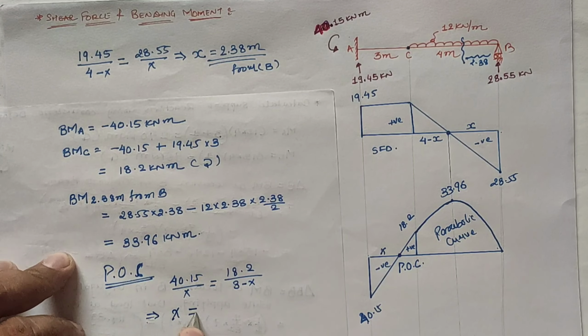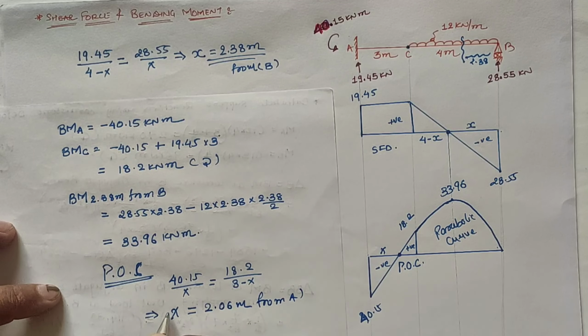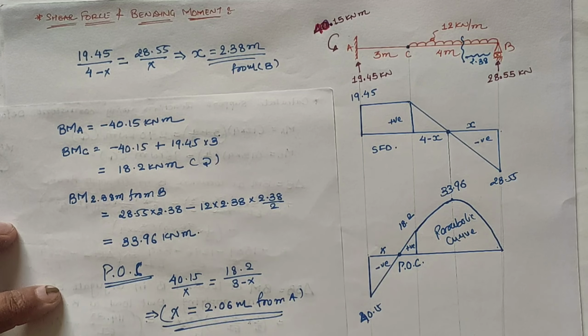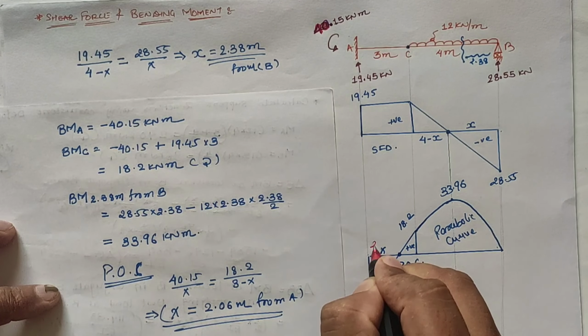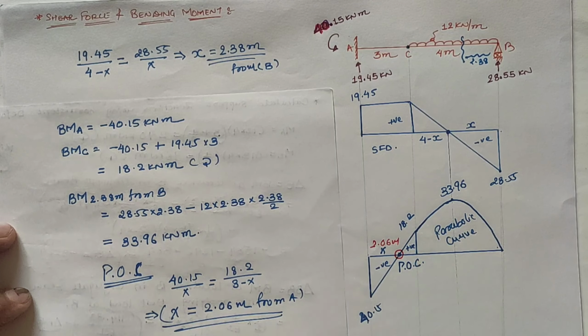Hence, the value of x is equal to 2.06 meter from A. So, it indicates at location 2.06 meter from A, there is a point of contraflexure.